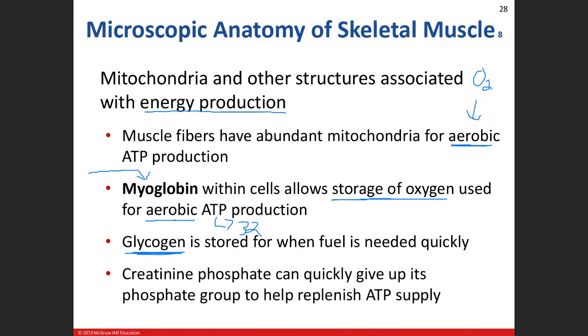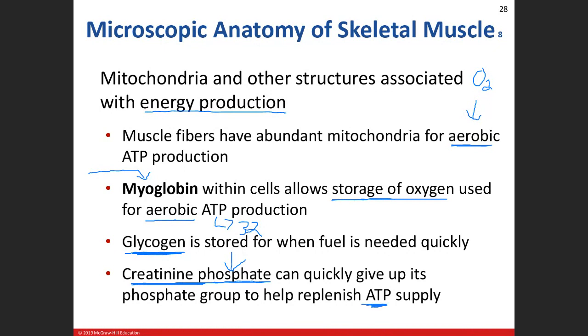This creatine phosphate is another molecule. If you notice, the second half of the name is phosphate. Well, ATP is adenosine triphosphate. So this molecule will gladly and quickly give up its phosphate and donate it to an ADP molecule to make more ATP.